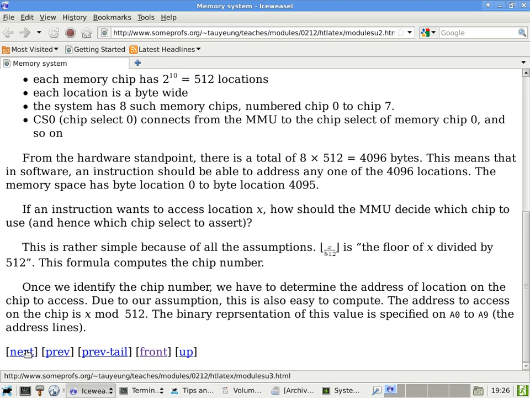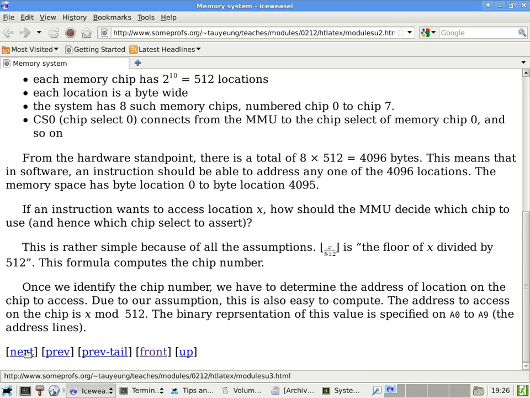So when I need to access location 600 from the CPU's perspective, the MMU will take that from the CPU and go, okay, location 600, that means you have the page that the CPU wants to access. But on your binder, it is not page 600 because you only have page 0 up to page 511. So the MMU would also do the translation and say, from your perspective, memory chip, it is page 88.